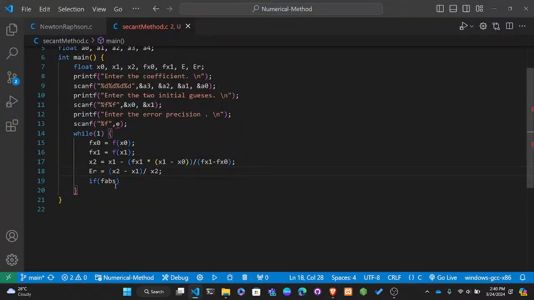We are using the fabs function in C to convert negative answers to positive, on er, the absolute relative error.